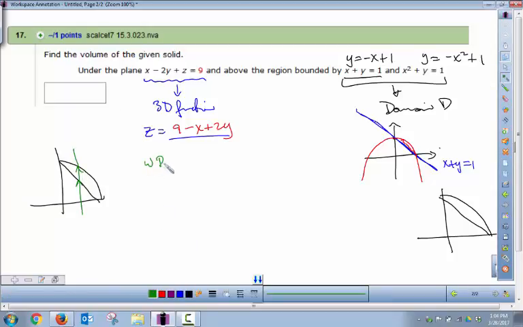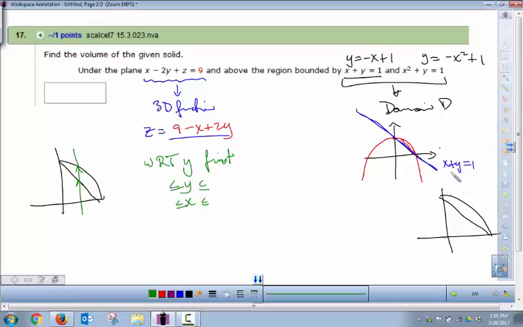With respect to y first, you have your y limits going first and then your x limits second. And your outer limits are always constant.